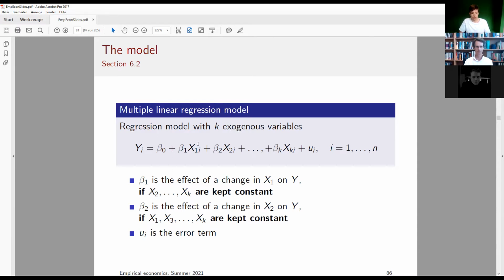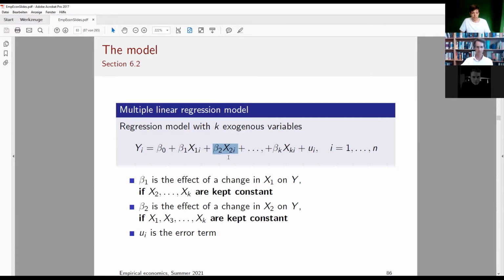The left part that I'm marking with my cursor is something we already know. But if we want to add more regressors, we are free to do so by just adding them, and all of these additional regressors, of course, have their coefficient that shows us the influence of these regressors.